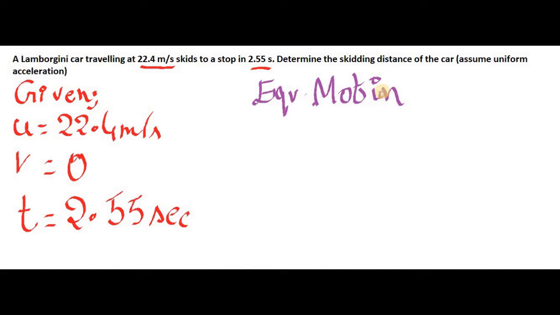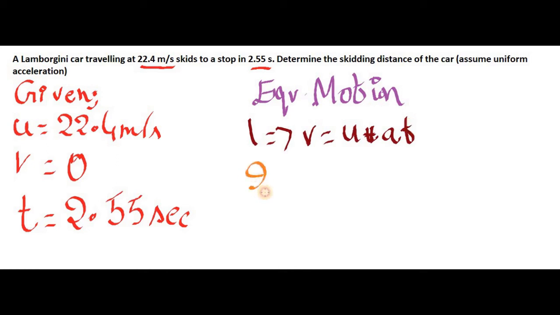If you haven't remembered them, don't worry, we'll recall them now. What is the first equation of motion? The first equation of motion is v = u + at. So this is the first equation of motion.